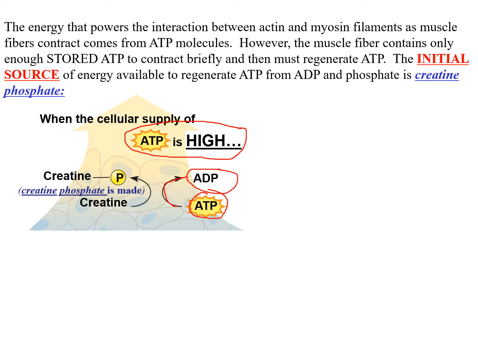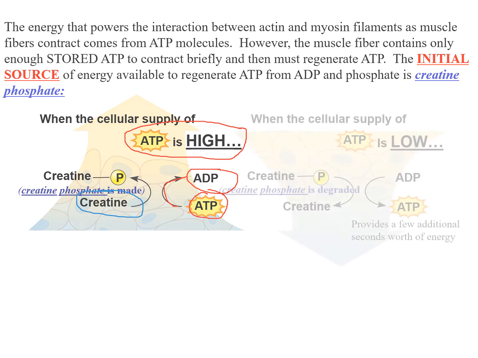And of course, you know that a phosphate group is also made in that process. And here we see what happens to that phosphate group. It's actually slapped onto creatine. We talk about it being phosphorylated to make something called creatine phosphate, and that's what's shown over here.